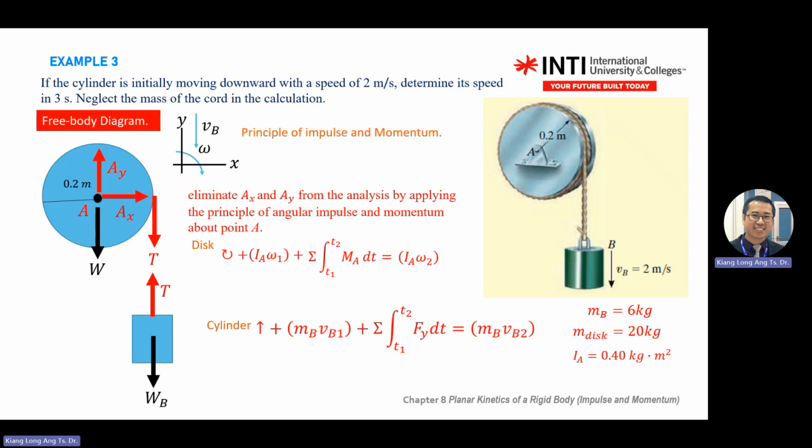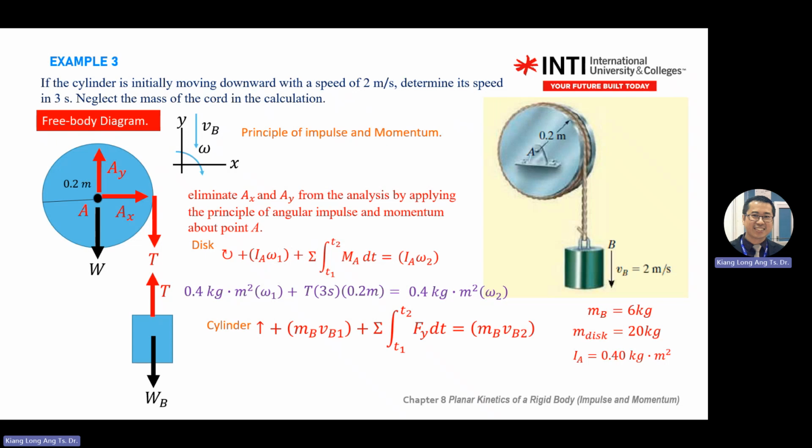Okay, so this one is just to calculate what you're trying to calculate. So you put in all the values. IA was given in the question. If you want to find it, you can also use the table. Omega you don't know. Moment multiplied by time, so 3 seconds.